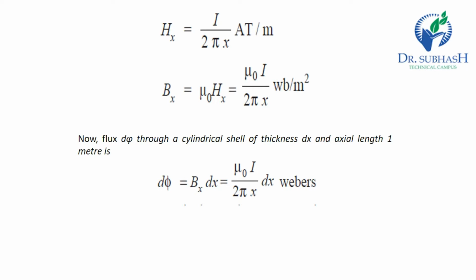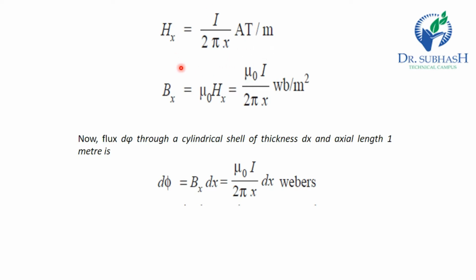Here the whole conductor is taken, so the value of current will be I, and the circumference is the same as above, 2πx. So Hx is equal to I upon 2πx.